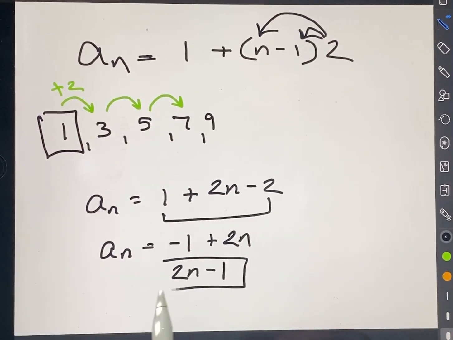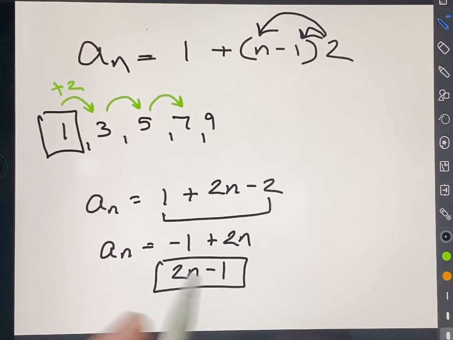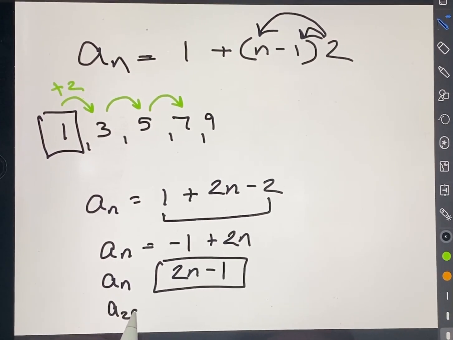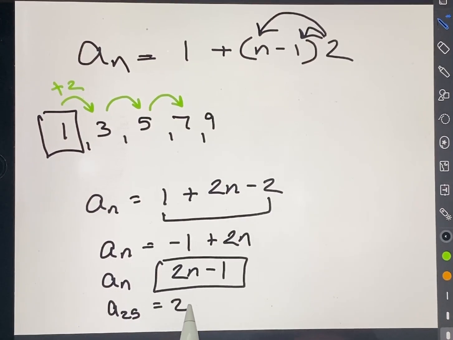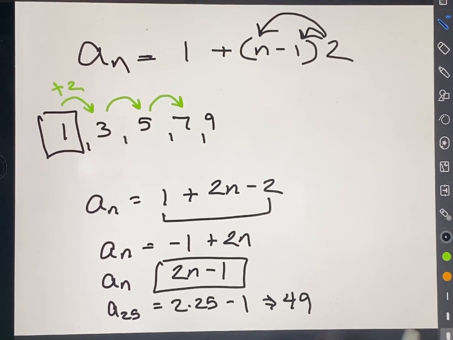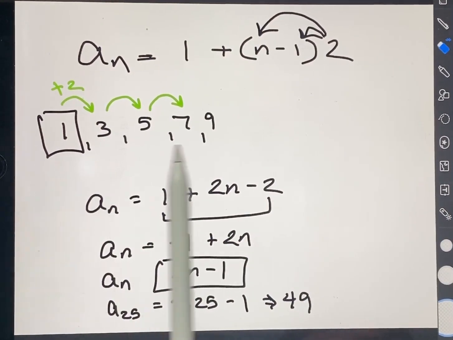Now we have a generic expression that tells us how to find any term, and they are specifically asking us for A25. So we can say A25 is equal to 2 times 25 minus 1, and that should give us the value of 49, right? What if we went ahead and plugged that back in here at the beginning?